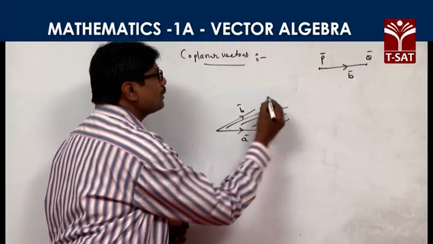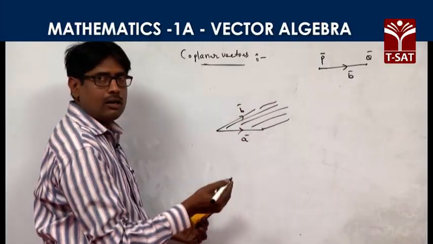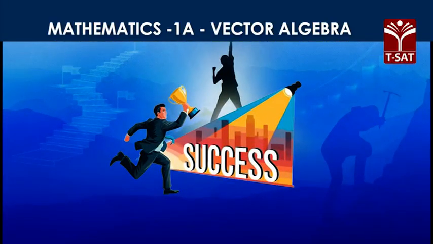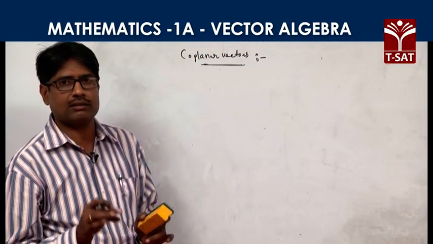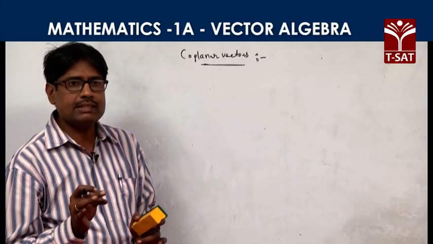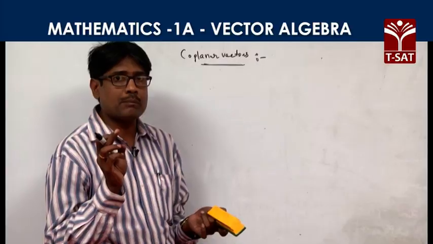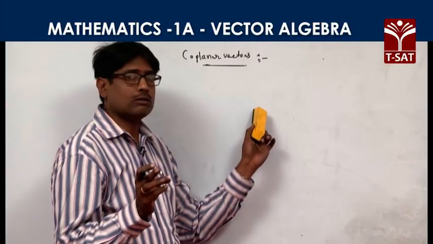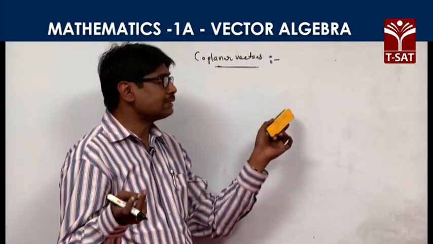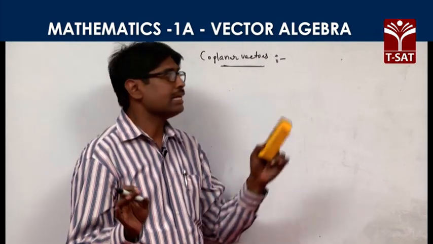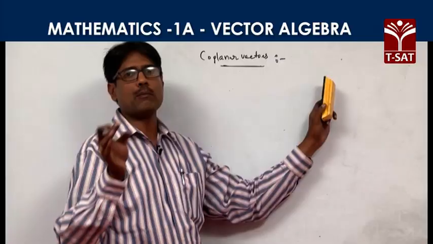So, to talk about the coplanarity of vectors, it should be three or more vectors. Vectors are said to be coplanar vectors if they lie in the same plane or parallel planes.